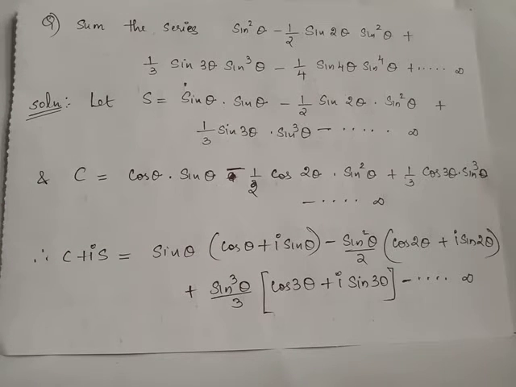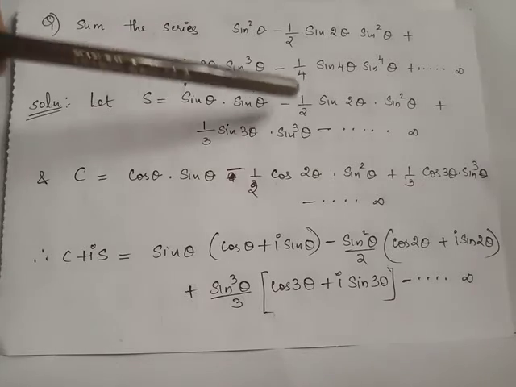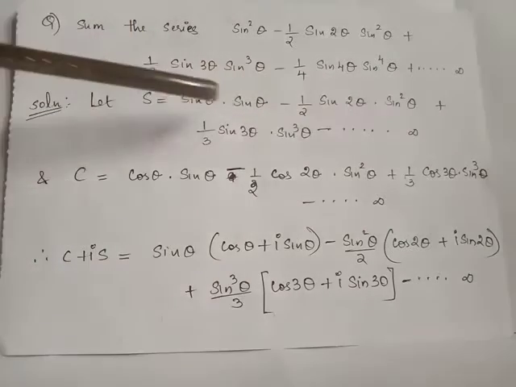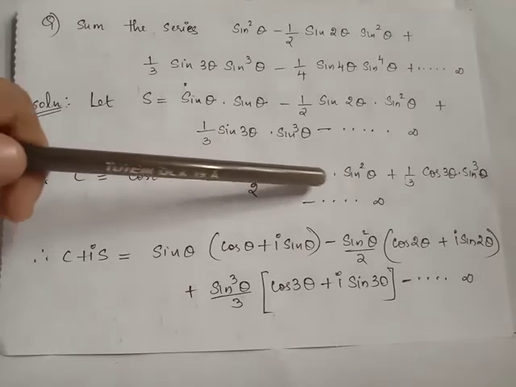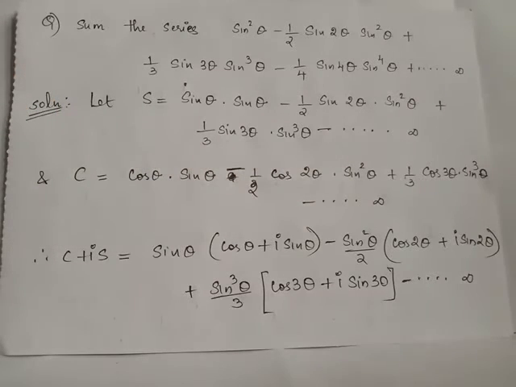Similarly, when the second terms (1/2) sin 2θ sin²θ and (1/2) cos 2θ sin²θ are grouped, we have −sin²θ × 1/2 taken outside and we are left with cos 2θ + i sin 2θ.